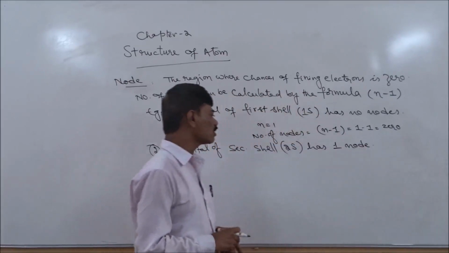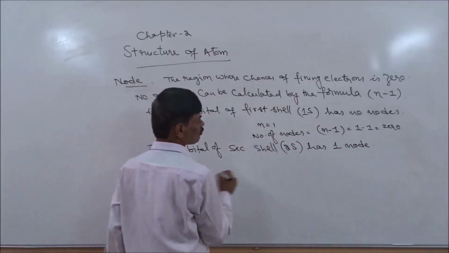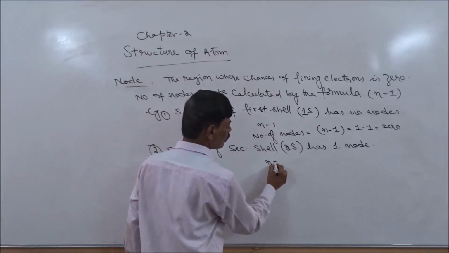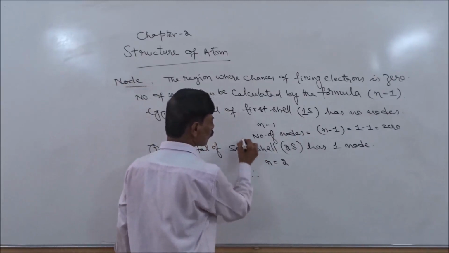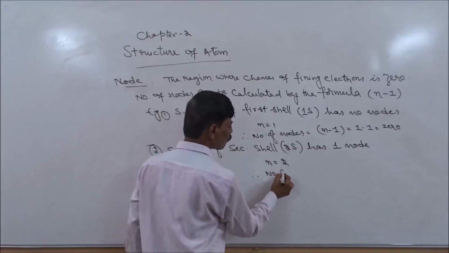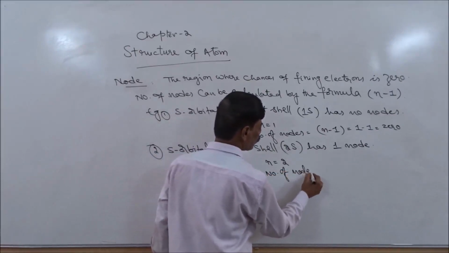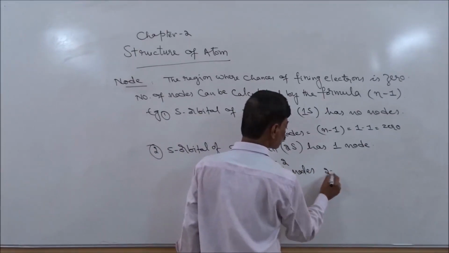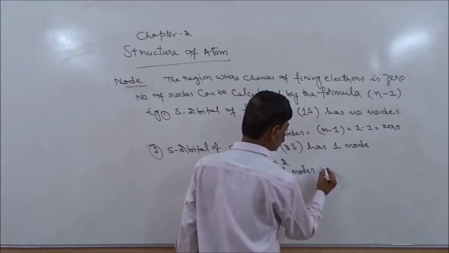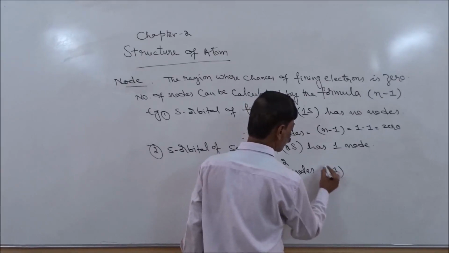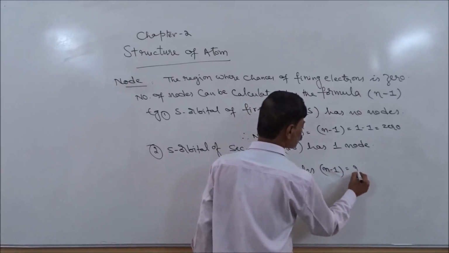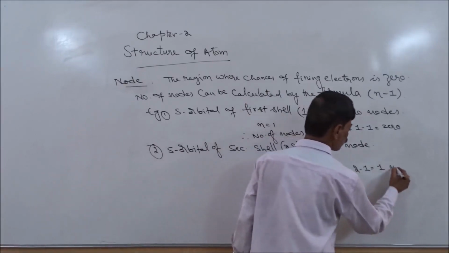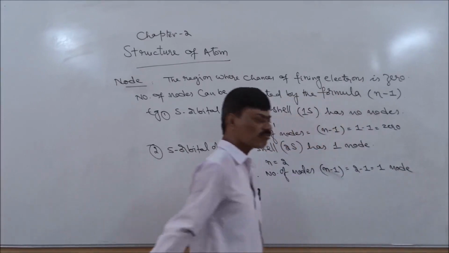Now we will verify with the formula. That is n is equal to 2. Therefore, number of nodes is n minus 1, which is 2 minus 1, equal to 1 node. So 2s has only one node.